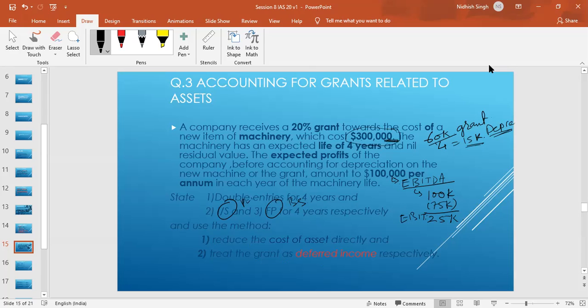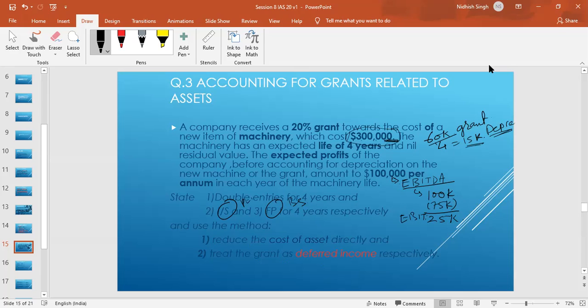But this will be a very easy way to understand that, okay, 300,000 worth of asset, 1/4, 75K is depreciated. Because if there was no grant, the asset would depreciate anyway at this rate. Later on, we will do the accounting for the grant. And why are we not trying to adjust the grant into the depreciation?